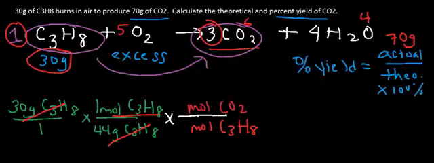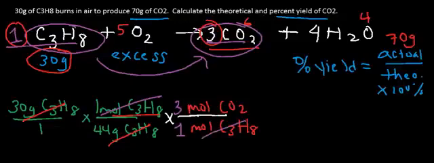And then we simply add the numbers. There's a 1 in front of the C3H8, so we're going to put that here. And there's a 3 in front of the CO2, so we'll put that there as well. So moles of C3H8 cancel now. The last step is to convert from moles back to grams. Whenever you convert from grams to moles or moles to grams, you need to use the molar mass from the periodic table, which is the same as the atomic mass.